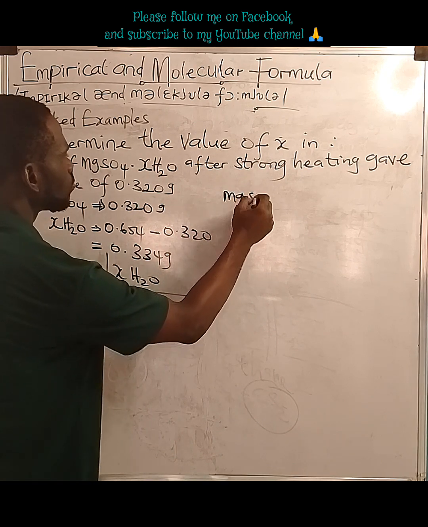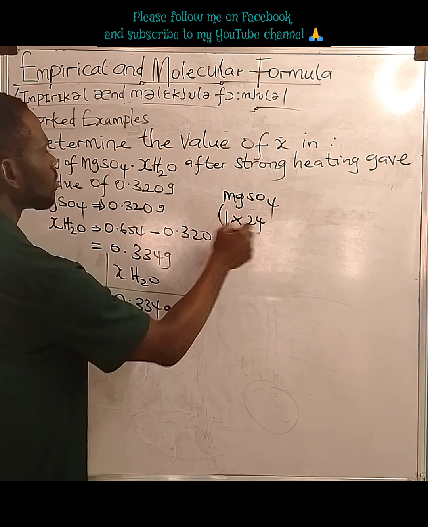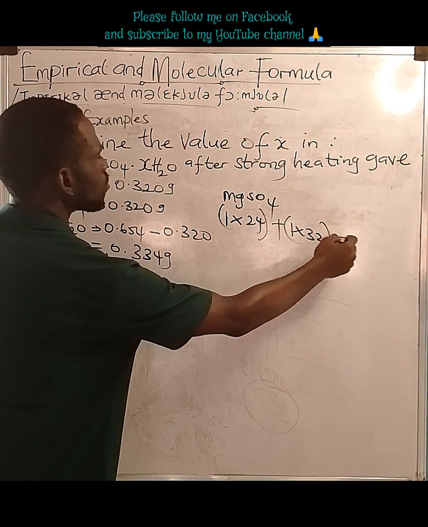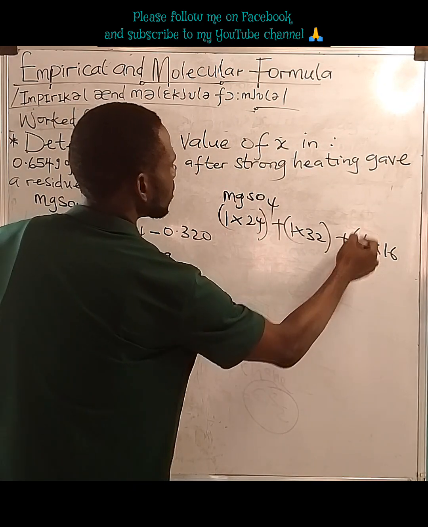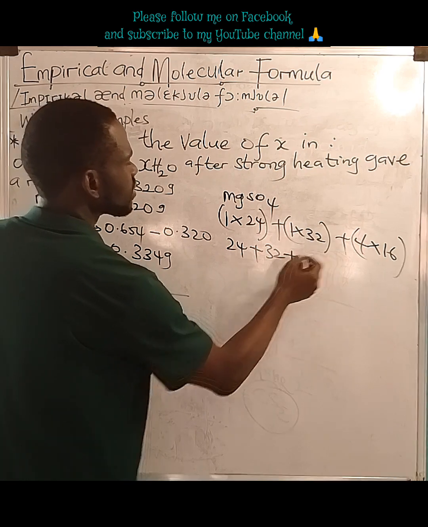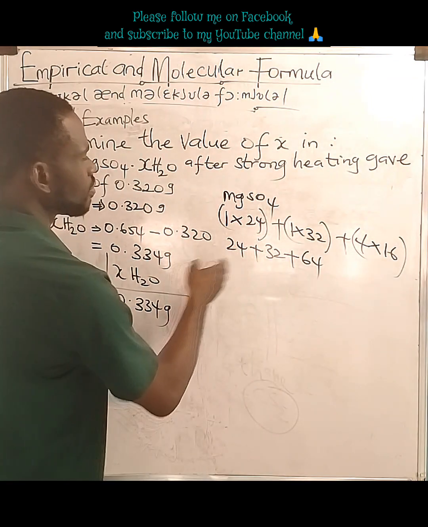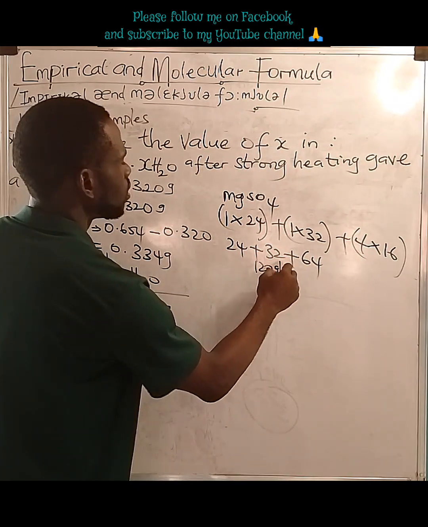So MgSO4, what's the molar mass? 1 atom of magnesium, 1 times 24. 1 atom of sulfur, 1 times 32. 4 atoms of oxygen, 4 times 16, which is 64. So 24 plus 32 will give us 56. 56 plus 64 will give us 120 gram per mole.